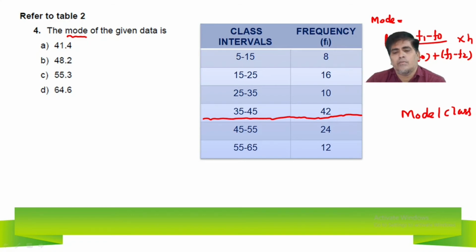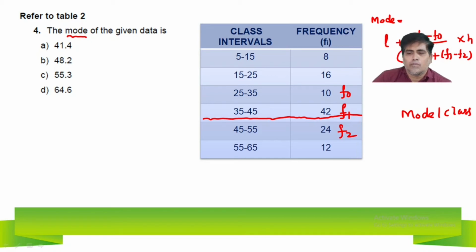Because we have the highest frequency, 42 cases, in the 35 to 45 age group admitted in the hospital. So I am taking this as F1. The preceding frequency is F0 and the succeeding frequency is F2. So I have got F0, F1 and F2.